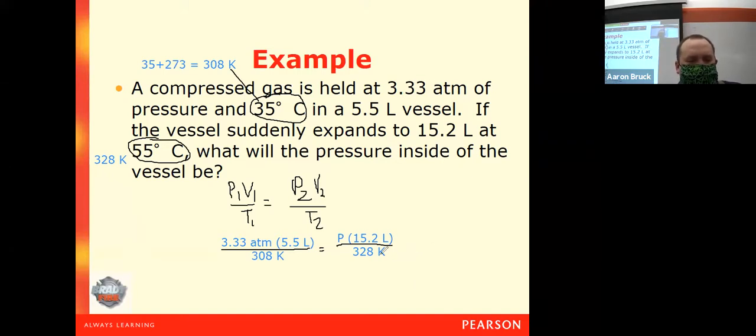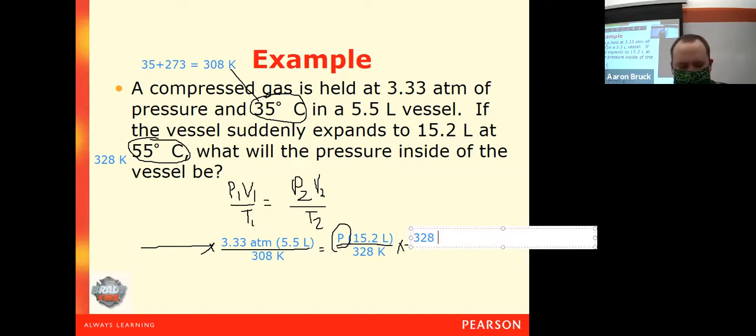We've got to do a little bit of algebra here. We're trying to get P by itself. So I need to multiply each side by a fraction that has the 328 Kelvin on top and the 15.2 liters on the bottom.